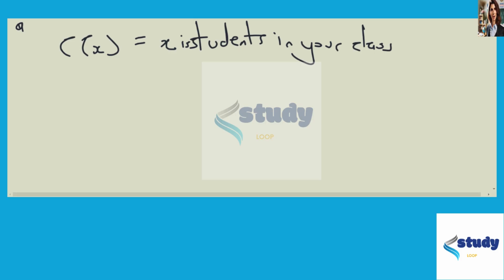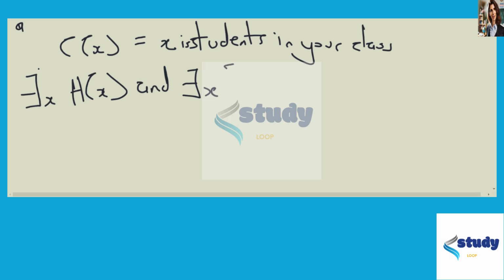So now you are going to write the statement as a logical expression: there exists some x where H(x) and there exists some x where C(x) conjunction H(x).